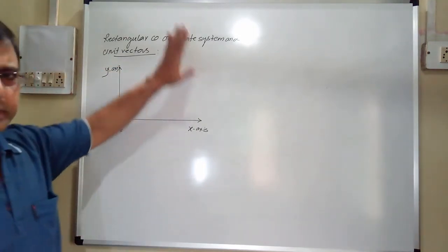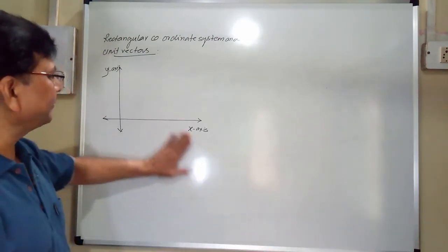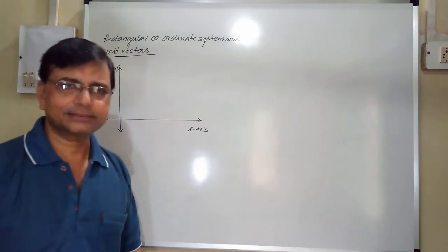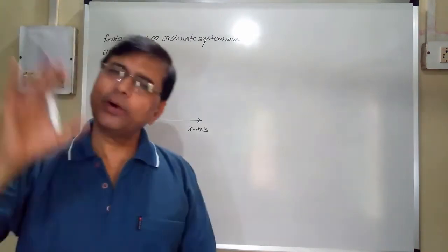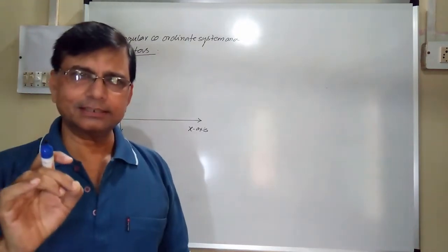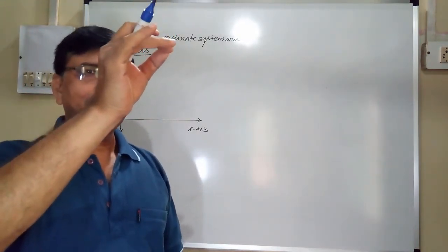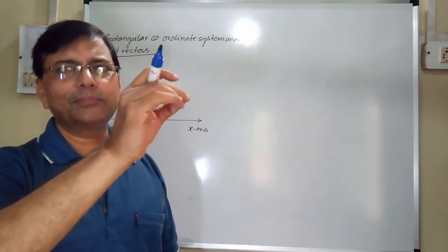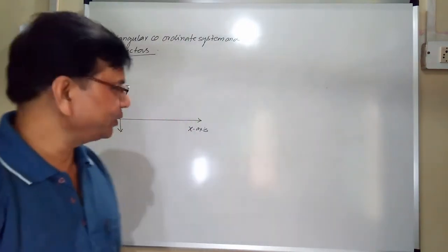Any point in this plane is represented with two reference axes. Whereas if the point is in space, suppose over here, not in the plane, a three-dimensional coordinate system is used to address this point. So that I will tell you later.